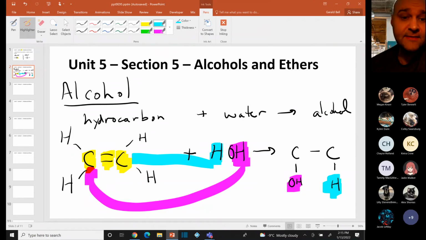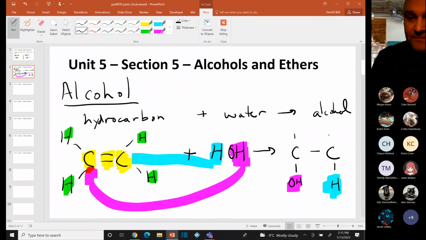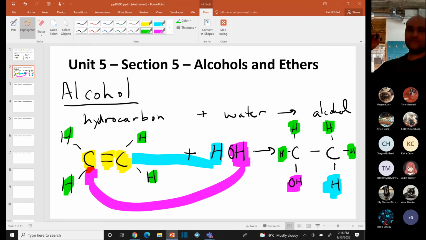And then let's not forget about those other hydrogens surrounding. These hydrogens here, they're not doing anything. We're just going to rewrite them. So those have stayed the same.